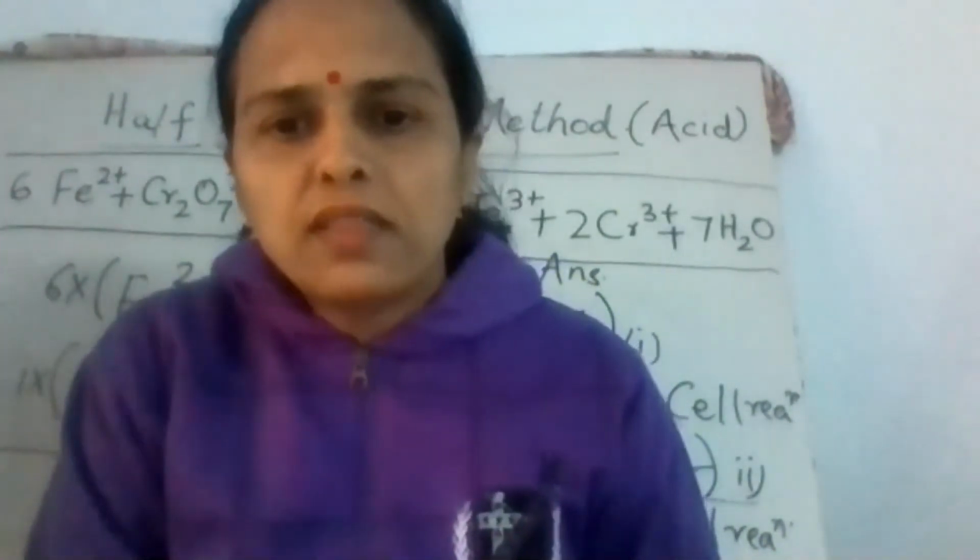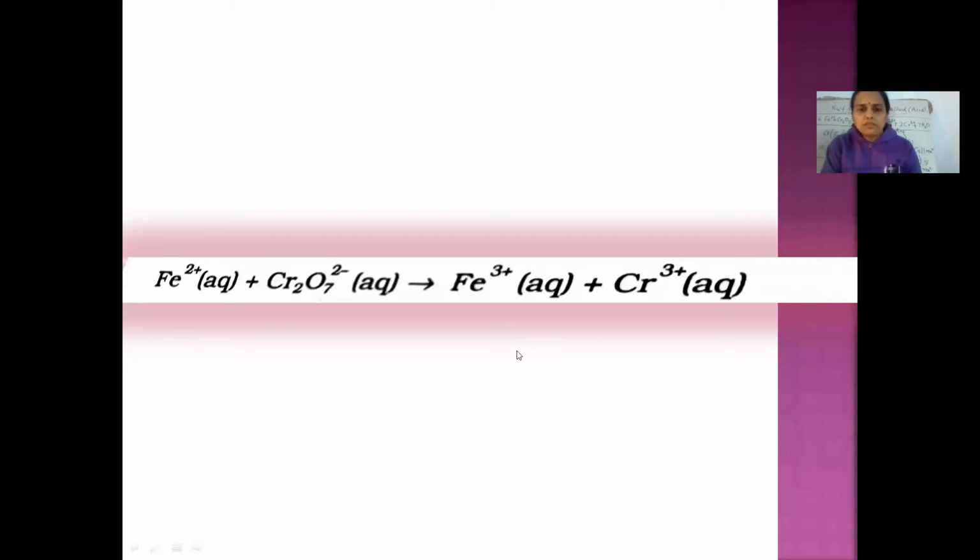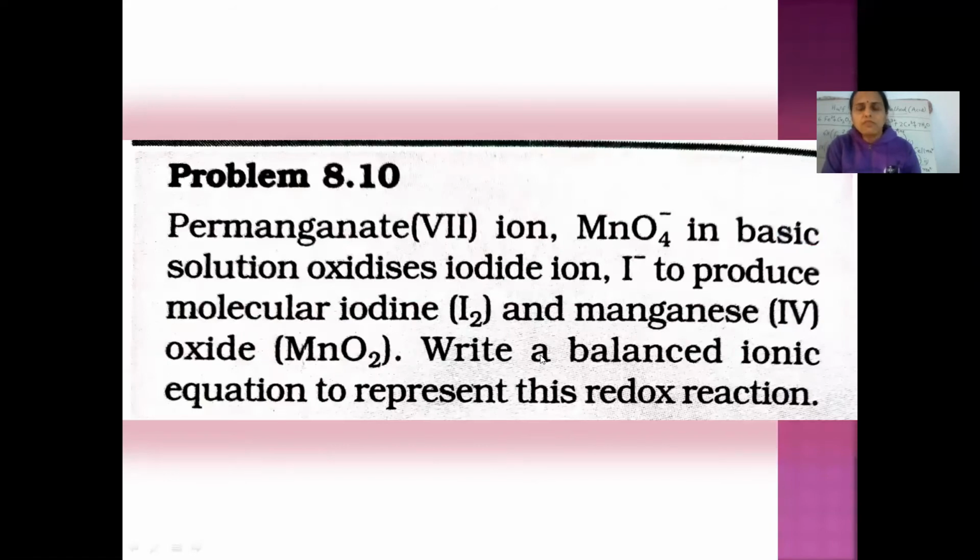Next we'll be seeing the balancing of this redox reaction in basic medium. Look at this problem. The question is: permanganate ion MnO4 minus in basic solution oxidizes iodide ion I minus to produce molecular iodine I2 and manganese in +4 oxide, that is MnO2.